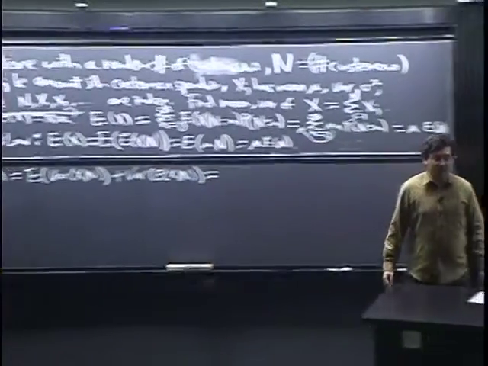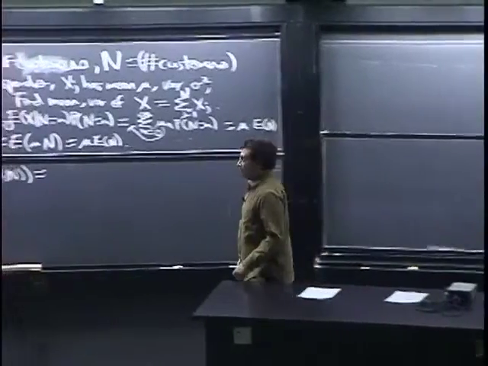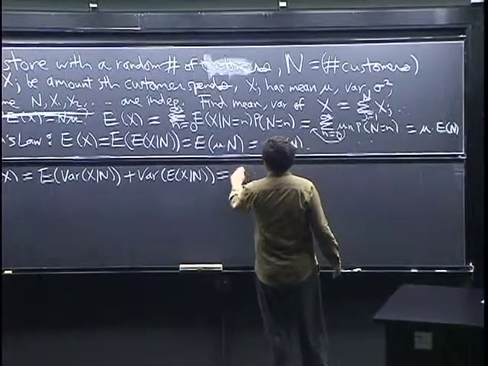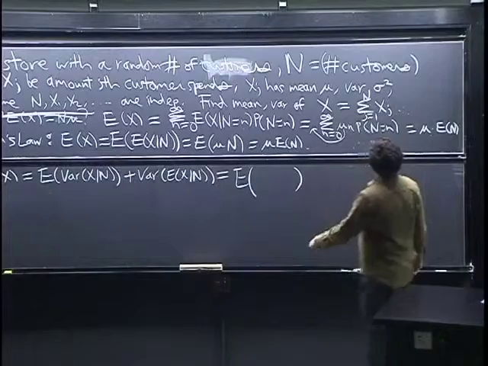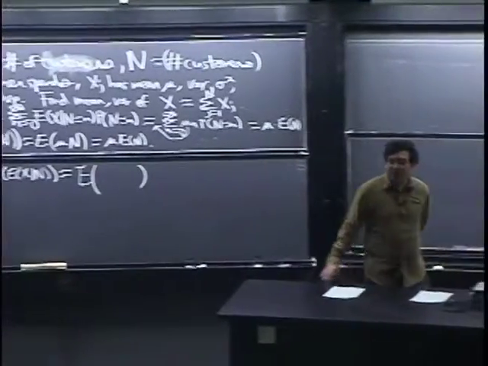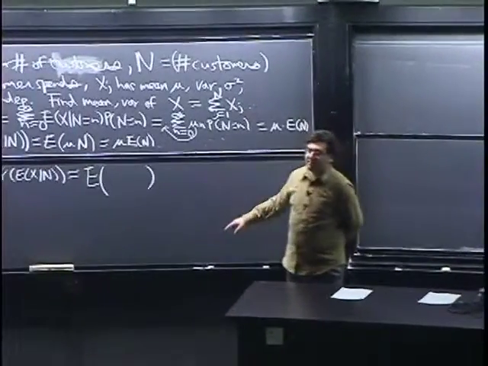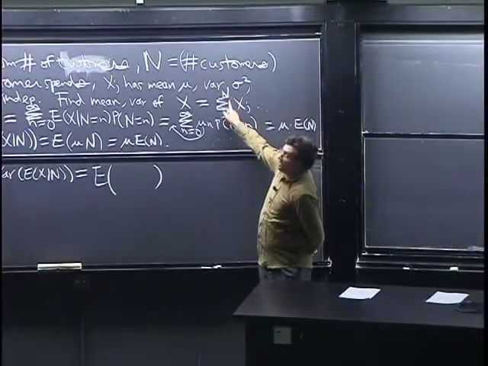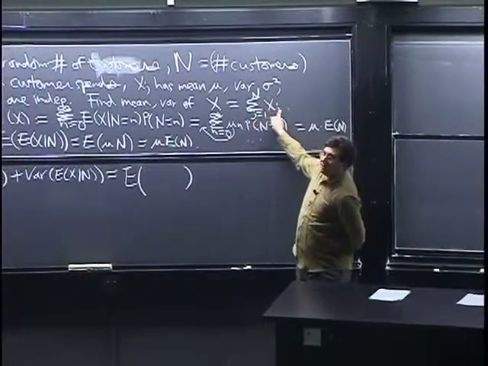Now let's just evaluate these two terms. The variance of x given n. To find that, really we just have to understand what this notation means. We're treating n as known, and then I say, what's the variance of that?